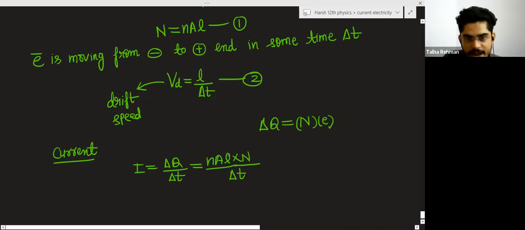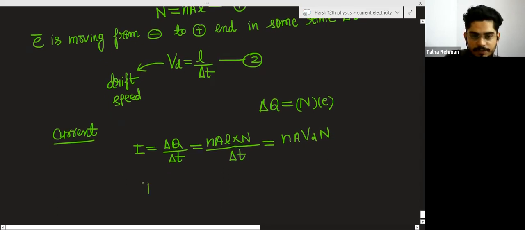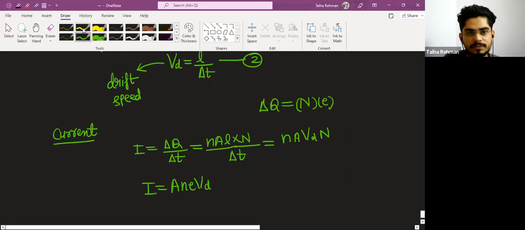See here, L divided by delta t is drift velocity. So the relation for the current is I equals n A e Vd.